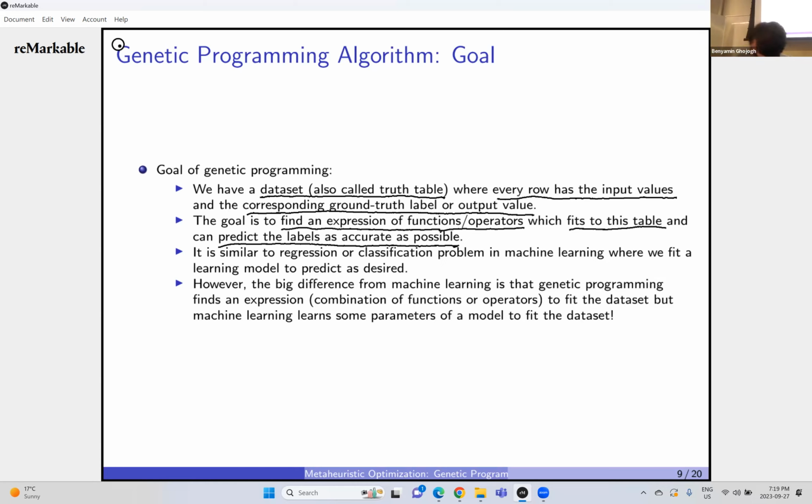It is similar to a regression or classification problem in machine learning, where we fit a learning model to predict as desired. However, the big difference is that genetic programming finds an expression, a combination of functions or operators, to fit the data set. But machine learning only learns some parameters of the model to fit the data set.